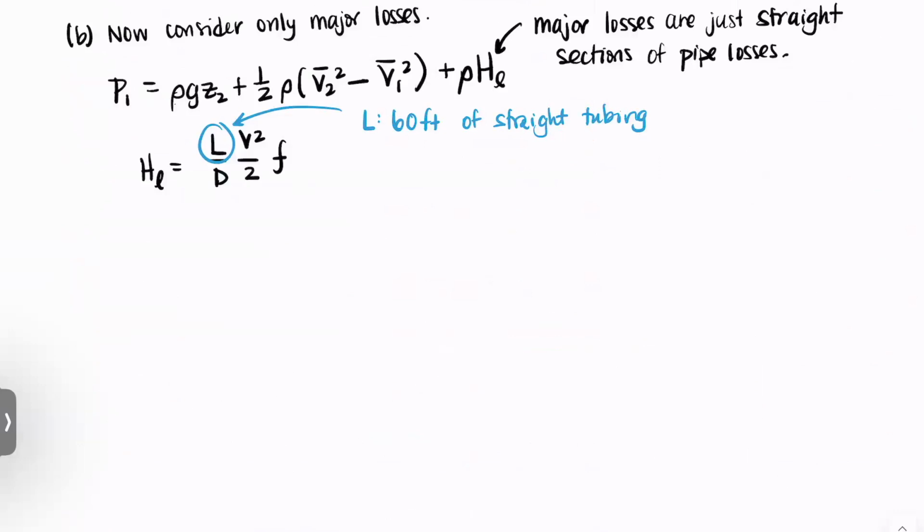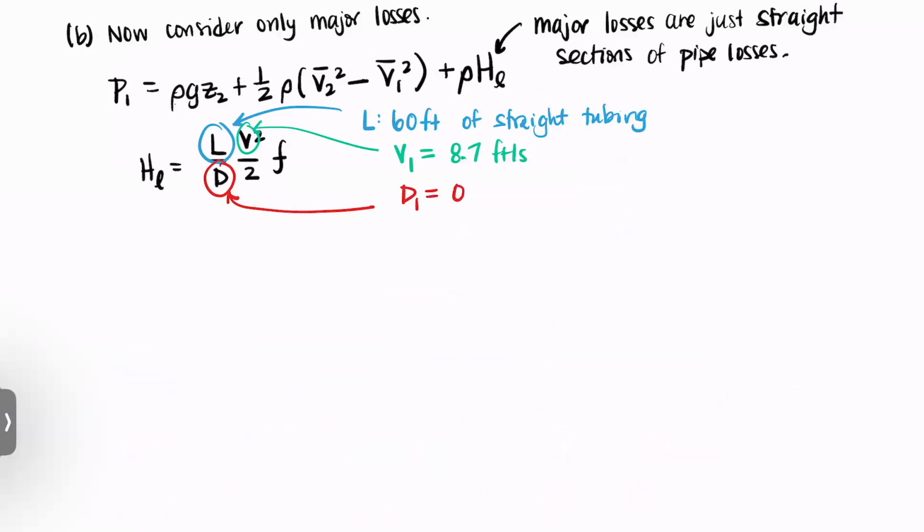So we will use V1, which is 8.7 feet per second. We already calculated that. Diameter, it's all the same diameter. So this is D1, which is 0.0625 feet.